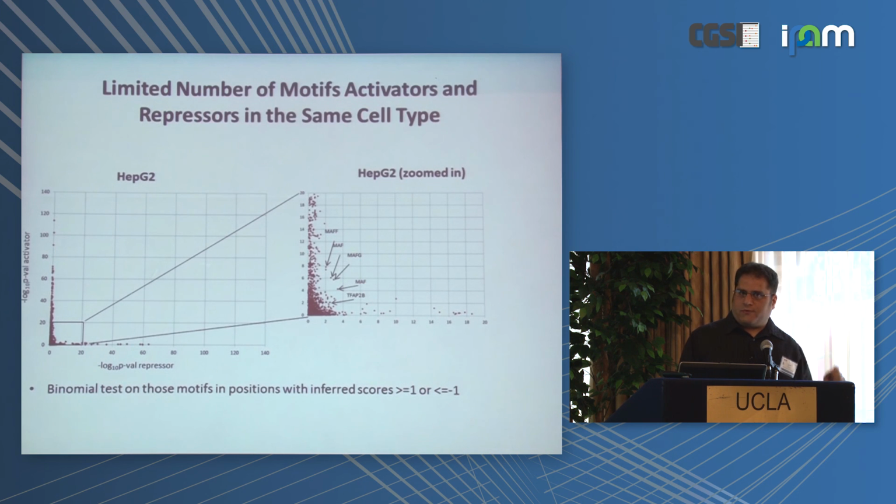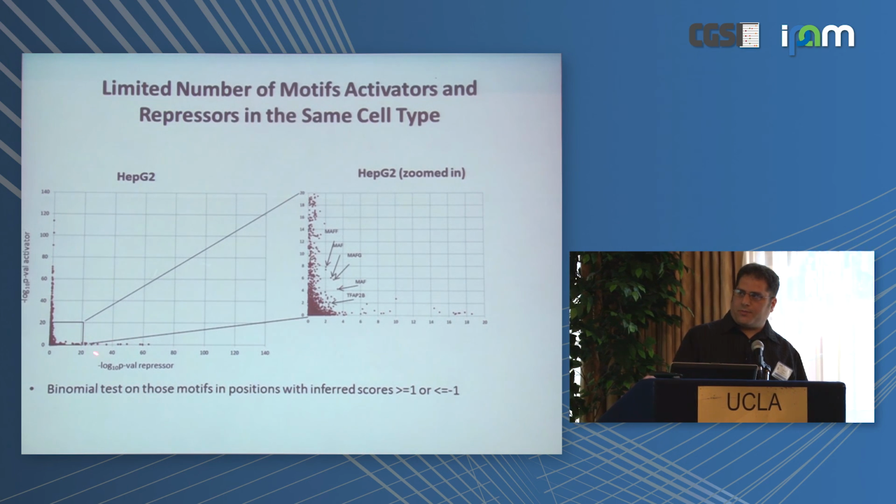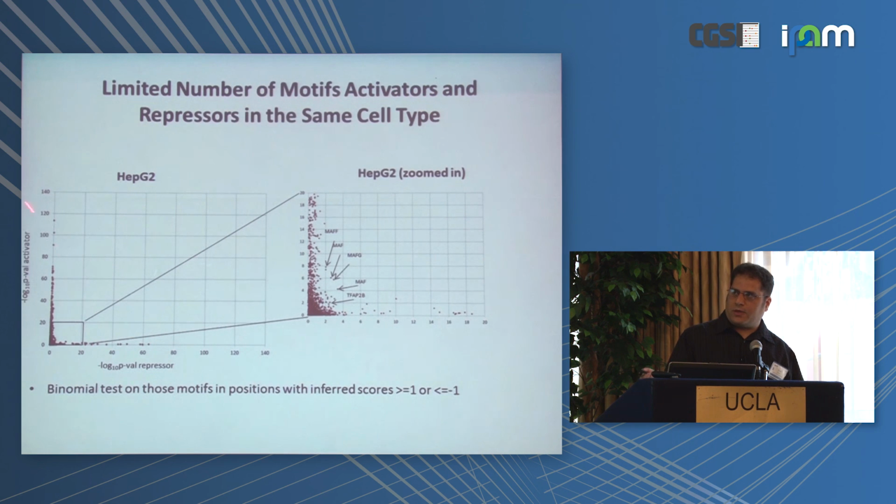So that was looking at the motifs on average. Another question that comes up is, are there some motifs within a given cell type that are working as both an activator and a repressor? So what we asked was, did we see an enrichment of the motif instances above an activation threshold and below a repression threshold? The x-axis shows the negative log base 10 p-value for being a repressor and the y-axis for being an activator.